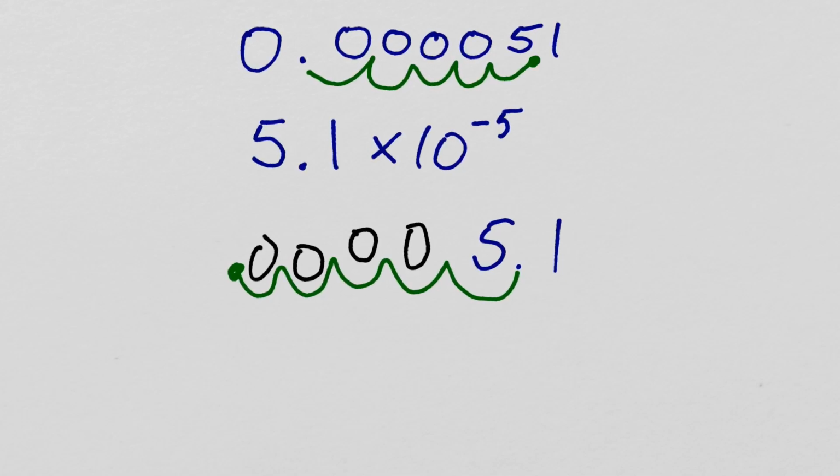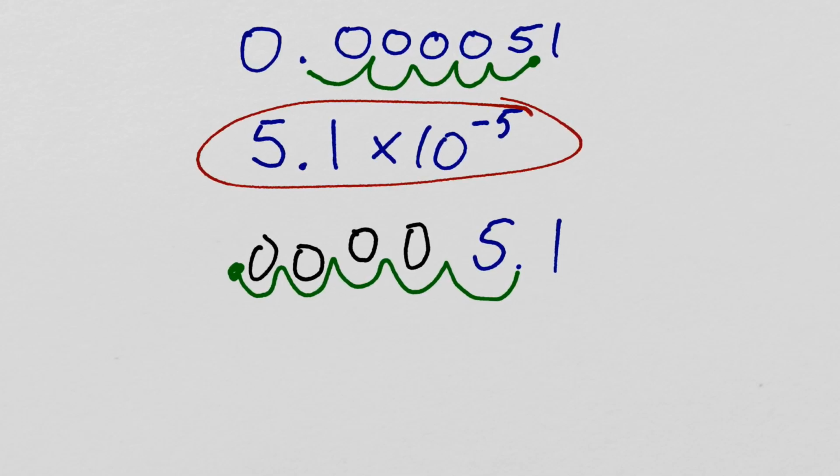So that means we have 1, 2, 3, 4, 5 jumps, and we're back to where we started. As you can see, writing it like 5.1 times 10 to the negative 5th actually makes it easier to look at. So that is the gist of how scientific notation works. In the next video, we'll look at some examples.